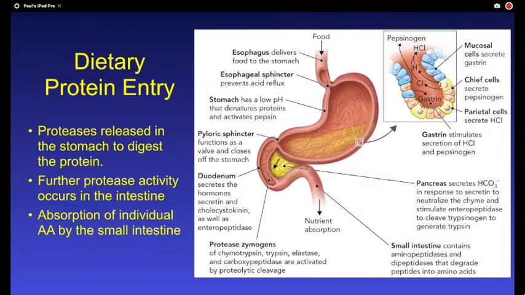When we think about protein, there are two different ways in which we degrade proteins. One is the proteins that we eat, and then through normal turnover inside the cells, proteins are synthesized. They have a certain lifetime in which they are functional, and then the body tends to renew them and degrade them.